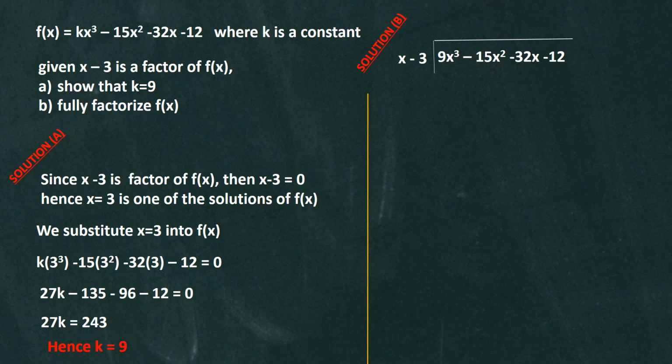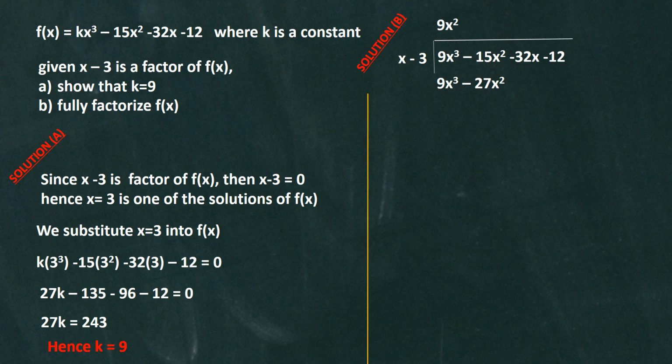Now we're going to ask ourselves how many times x minus 3 can divide into the first term, 9x power 3. That is going to be 9x squared times. To get the remainder, we'll multiply 9x squared by x minus 3, which is outside the long division sign, and we find that is 9x power 3 minus 27x squared.